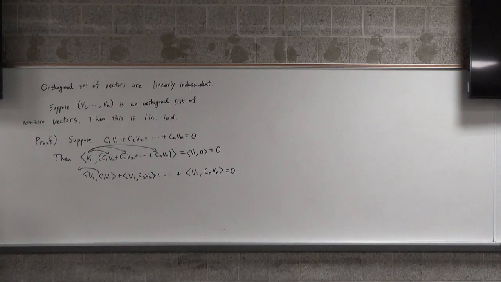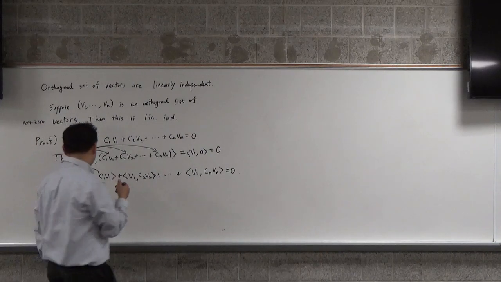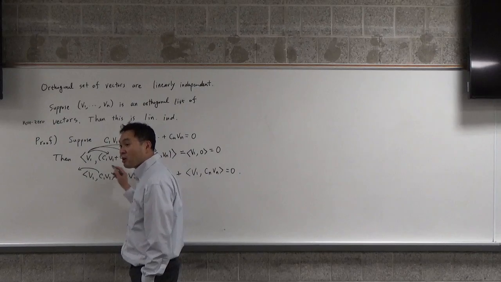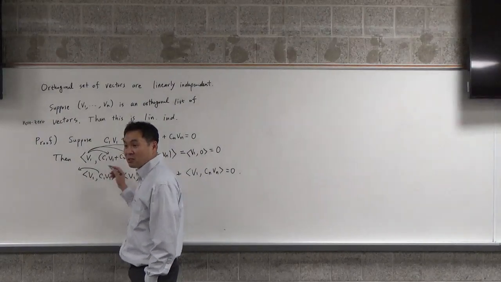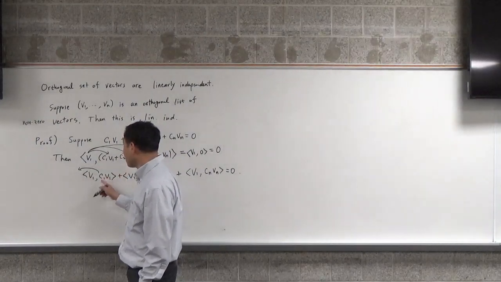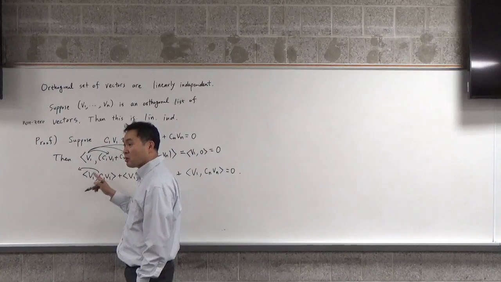If it's Hermitian, then what happens to C1? Because Hermitian has an extra bar, complex conjugate, in the second element, right? So these will go through a conjugate.